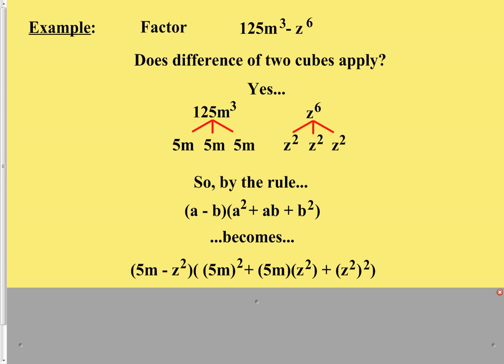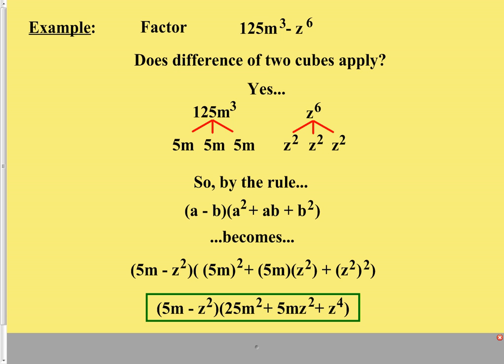Remember back to your laws of exponents. What is the math that happens when an exponent is raised to another exponent? That is when you multiply. So z squared squared means z to the 2 times 2, which is 4, so z to the fourth on that trail term. That's how it simplifies.